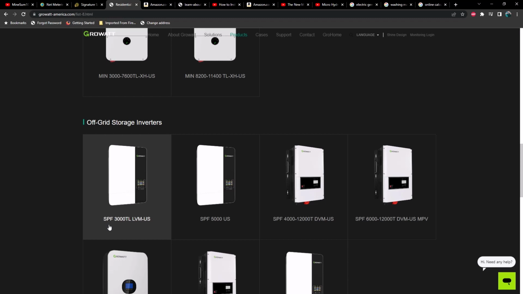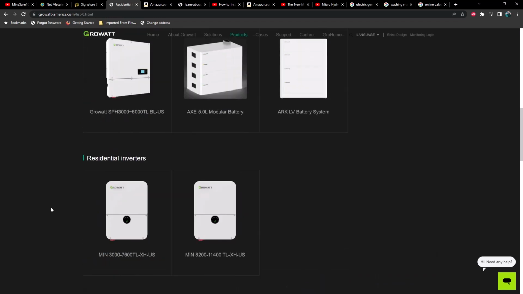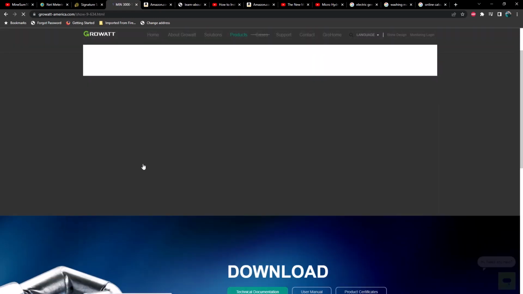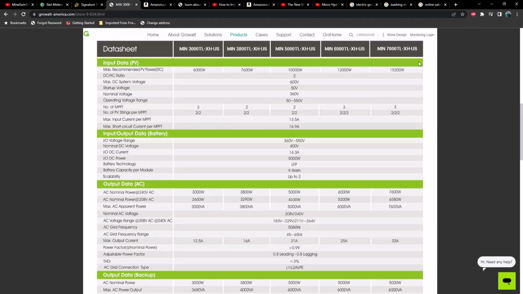The off-grid inverters are going to start with SPF. So just a heads up, whenever you're hunting these products, if you're not using the links that I'm putting in my description, that's an important feature to know. So the first ones here are the 3000 through the 7600 TL, and then you have the 8200 through the 11400.